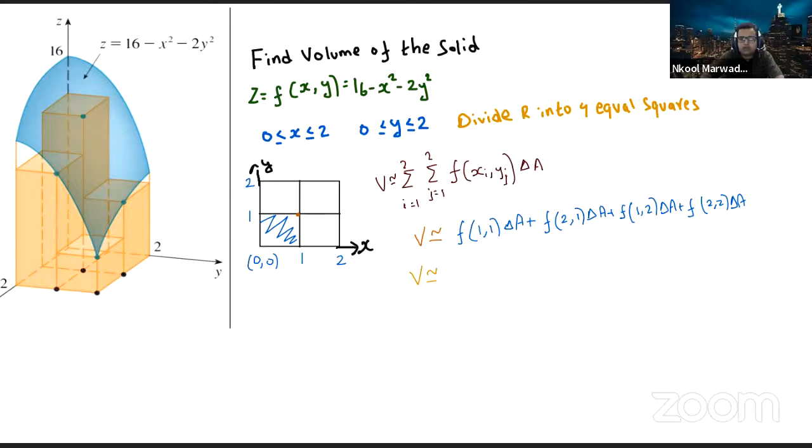So 13 into 1, plus f of 2 comma 1: 16 minus 4 minus 2, that is 10. Plus f of 1 comma 2: 16 minus 1 minus 8, it will be 7.